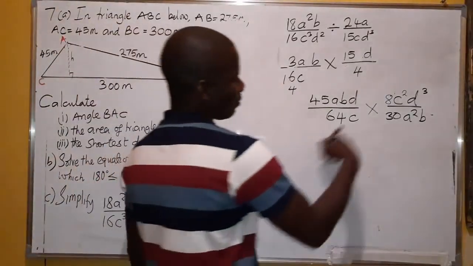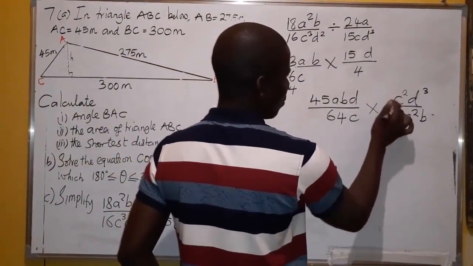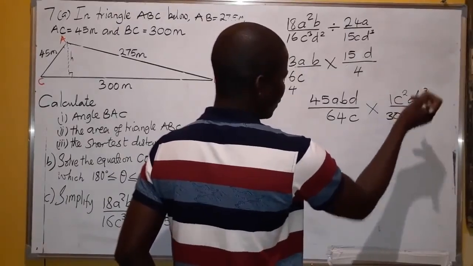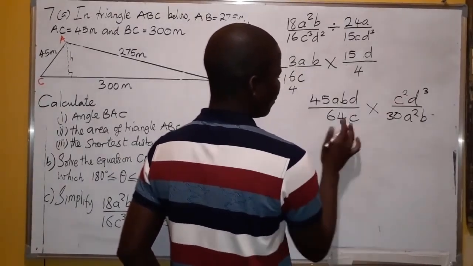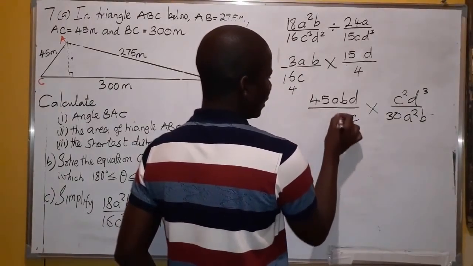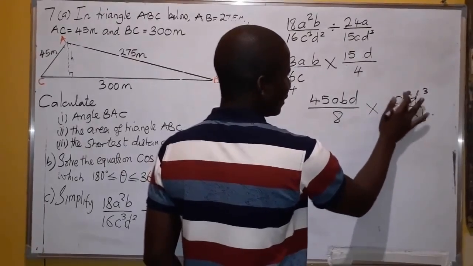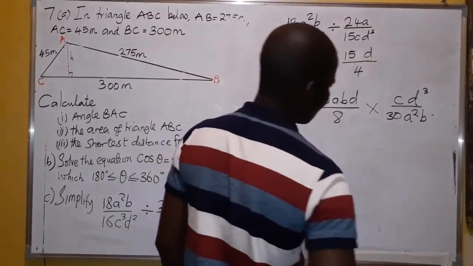So now we simplify. We start with 8. 8 can go into 8 how many times? Once. Okay, if you want you can put 1 here, which is the same as not leaving it. 8 into 64, it's 8. Okay, this c will go with 1 c here, so here you remain with just c.